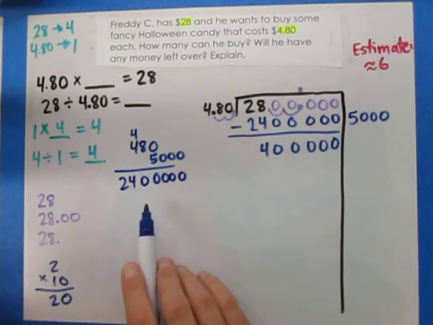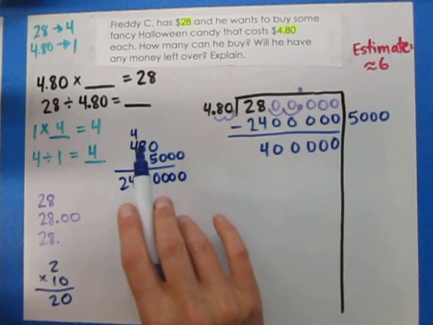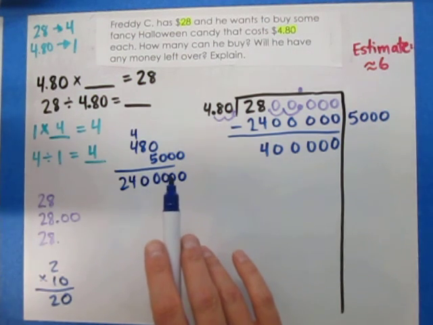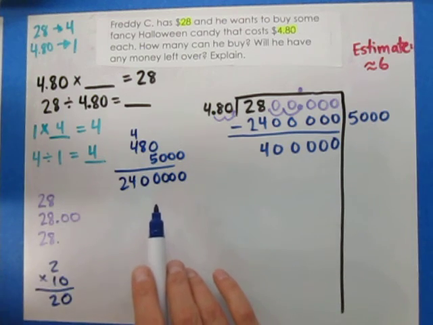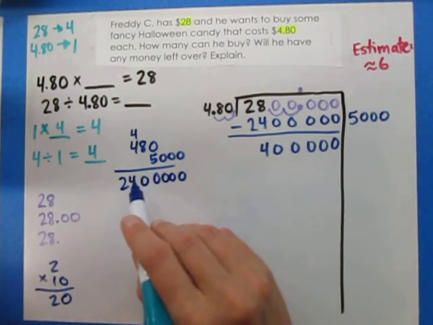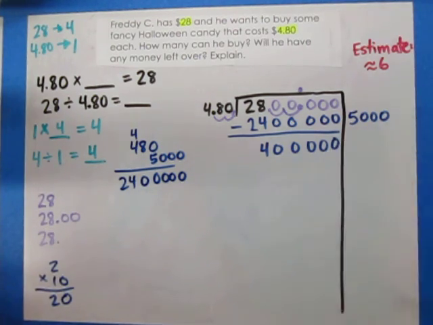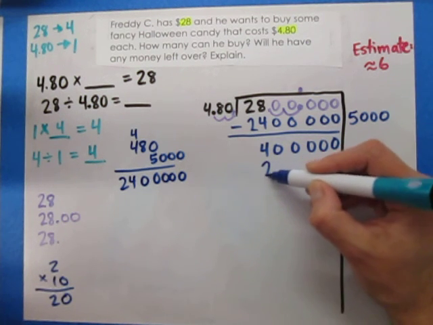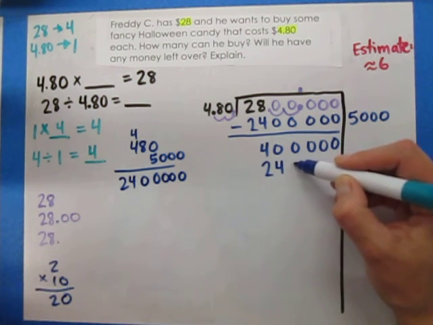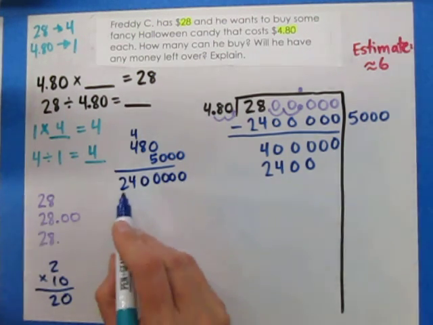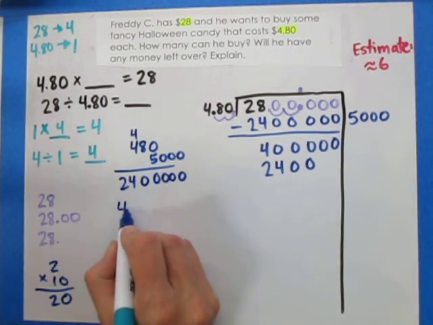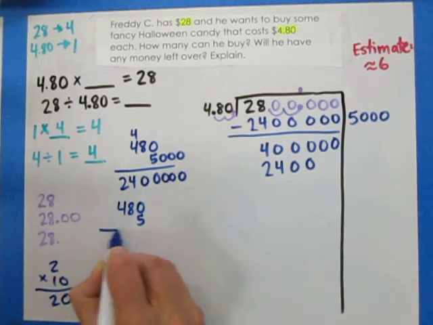Well, I'm going to maybe try multiplying it by 5 again, since I already have the number. But it's not going to be 5,000 this time, it's going to be 500. 2400 was times 5, so I can just use 480 times 5 as my base.